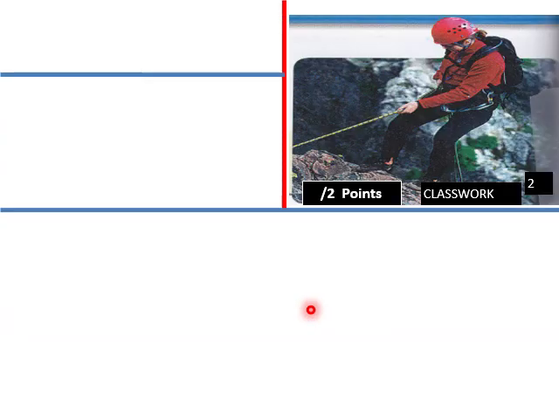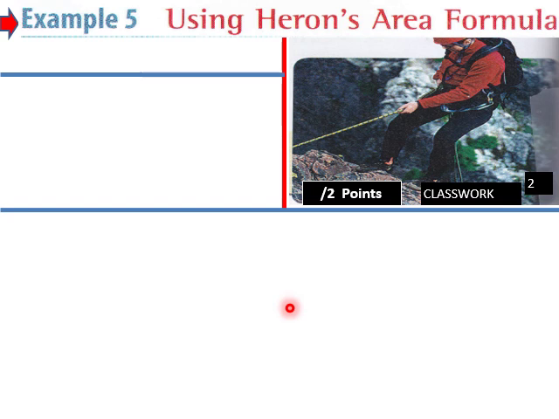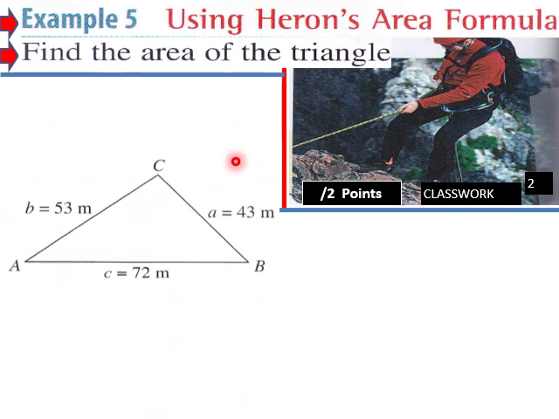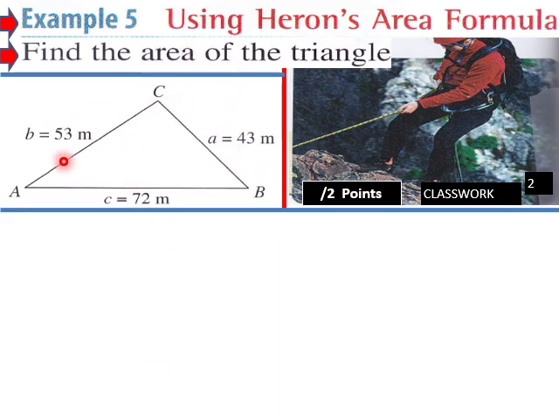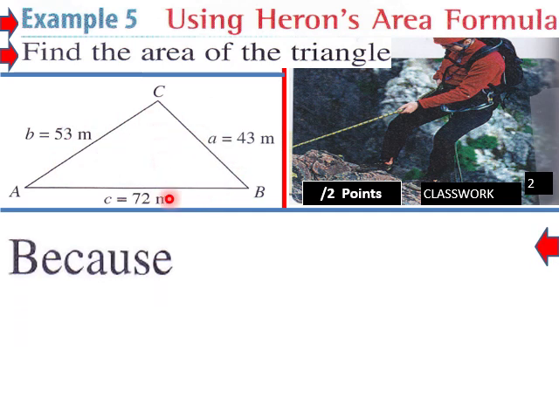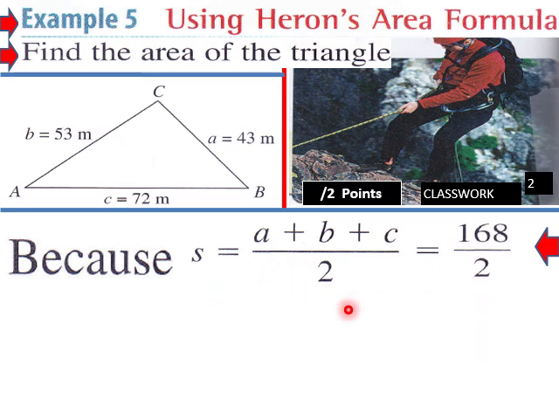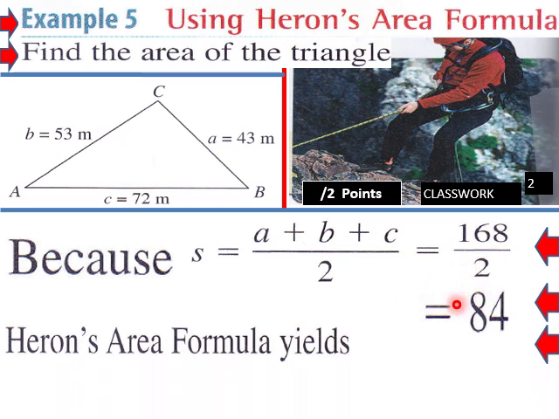So let's try one now for Heron's area formula. Example 5: find the area of this triangle here. We have our side lengths. Because s equals (A plus B plus C) over 2, when we add these up we get 168 over 2, which equals 84. So our s equals 84.